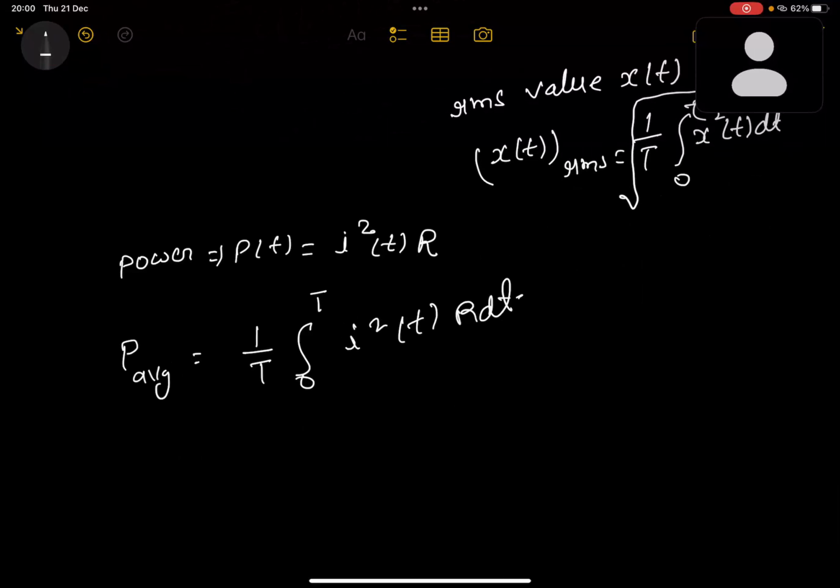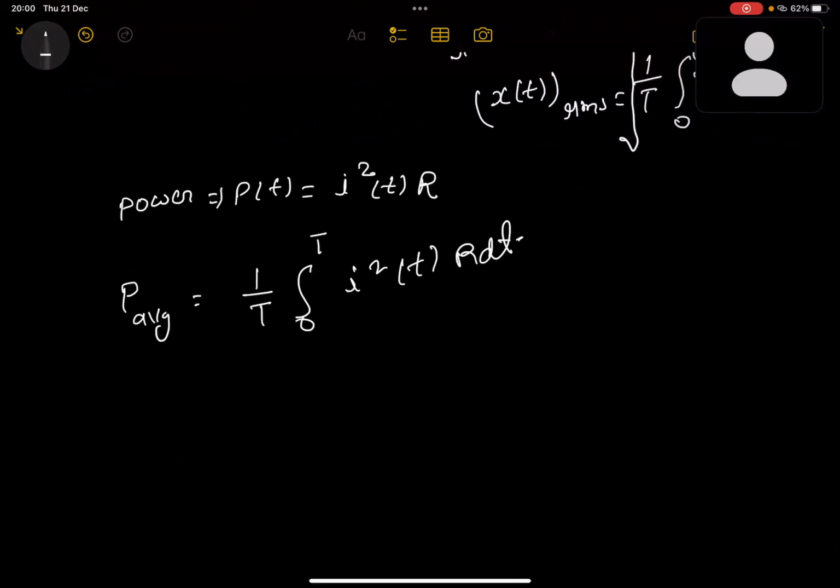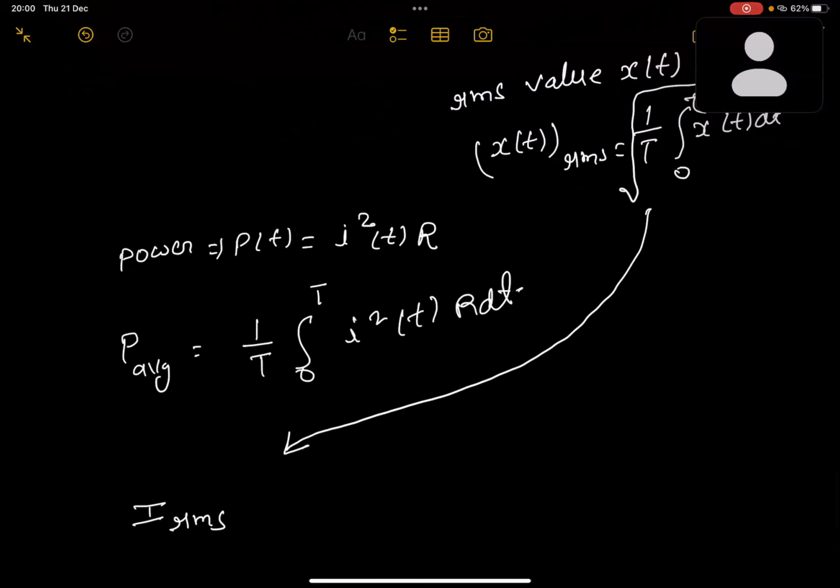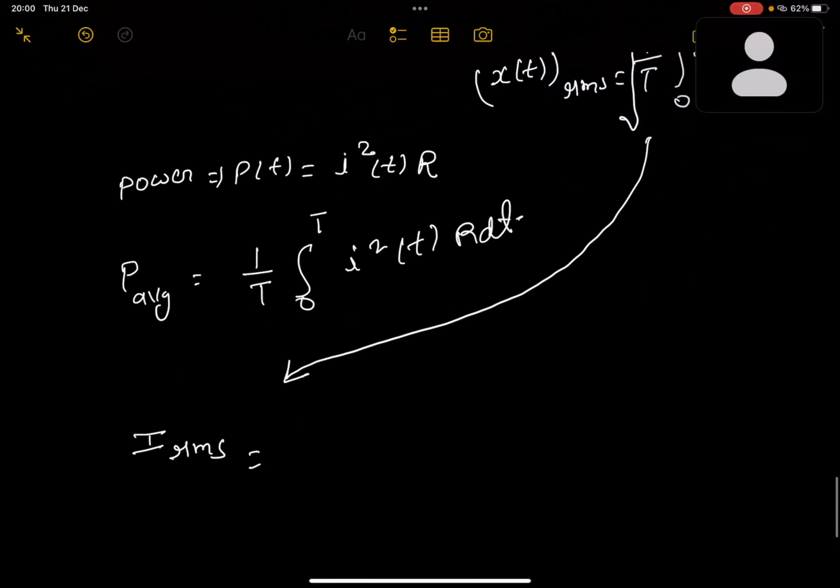Average power. When you apply the current RMS value, apply this standard formula: I_RMS = root of 1 by T, integral 0 to T, I(t) square dt.